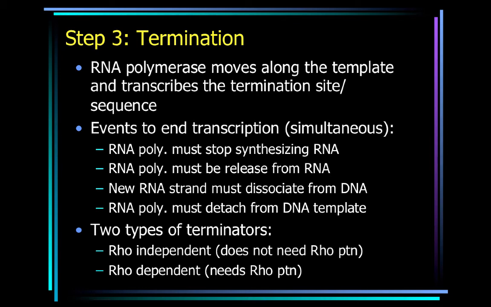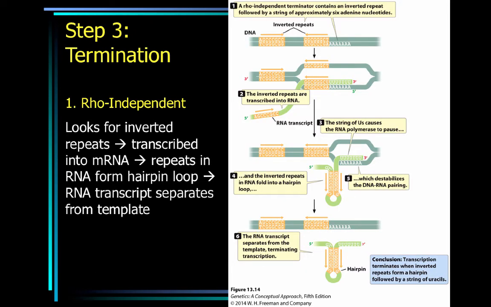And Rho-dependent is where the protein is needed. We're going to look at those more in depth. All right, so with termination, again, we've got two major types, Rho-independent and Rho-dependent. Let's look at Rho-independent first.